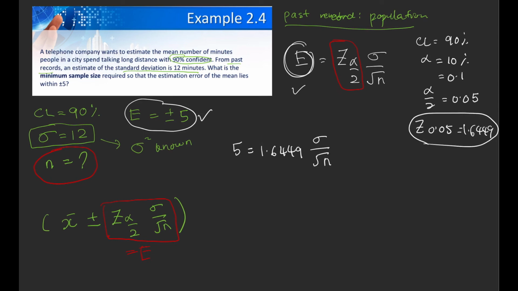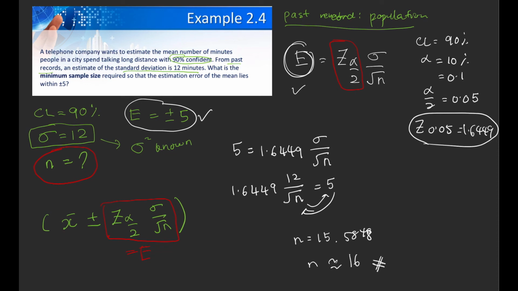So it is 1.6449 times 12 over square root n equals 5. You put n here, you put 5 here, and then you make n the subject. You will get n is around 15.5848. So n is 16.